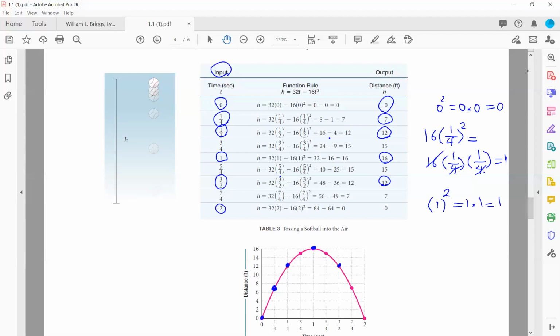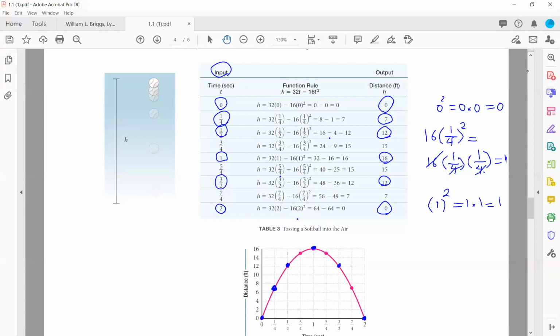So we plug in 2, 32 times 2 minus 16 times 2 squared, which is 64 minus 64 or 0. Now the distance is equal to 0. When t is 2, your y value is 0, so it lands on the horizontal axis.